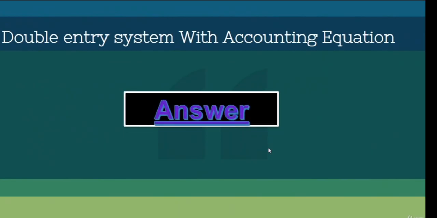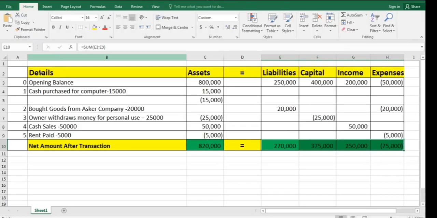Now we are going to look at the answer for this double entry and accounting equation. How does the accounting equation change? I'm going to click. You can see the opening balance is 800,000. It equals liabilities 250, capital 400, and income 200 minus 50,000.